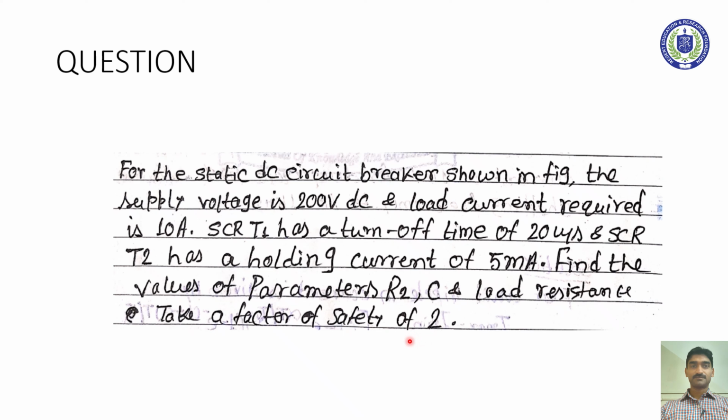So these are the type of questions which have been given in university examinations, and this comes from the thyristor chapter, SCR, where we have to monitor the basics of thyristor.